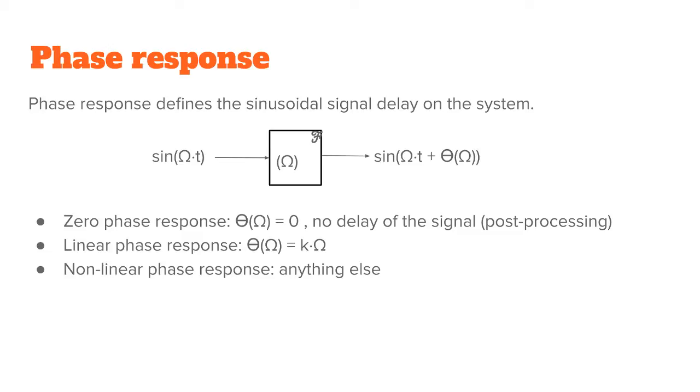Linear phase response, yes, k times omega. So basically we have omega times t plus k. This is a constant. So linear phase shift means constant time shift.